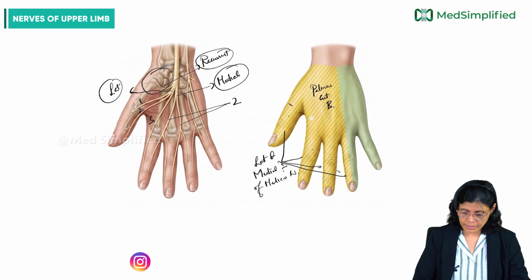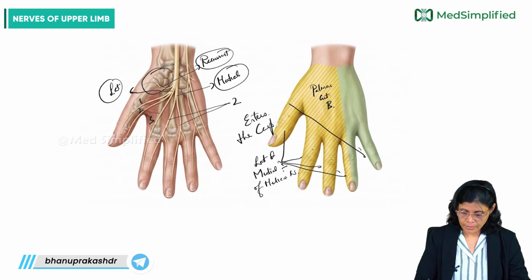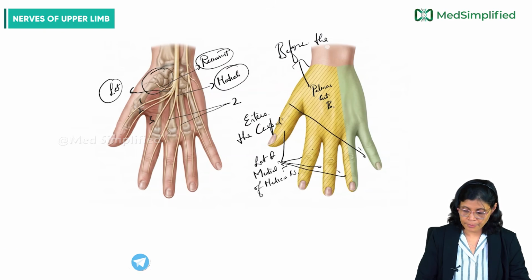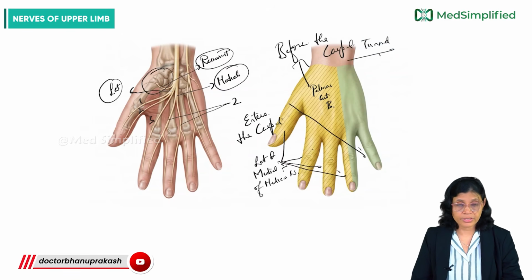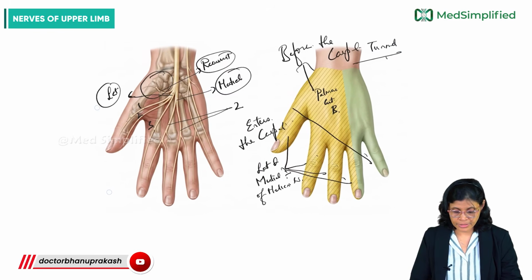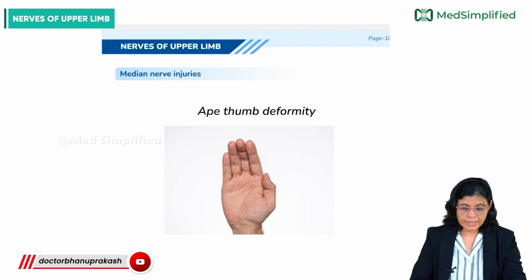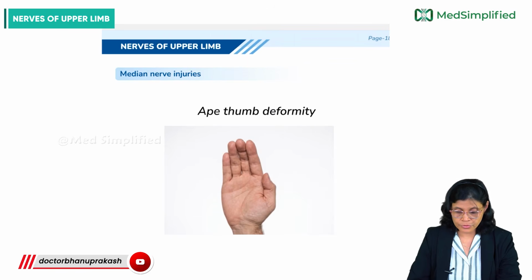This part is after it enters the carpal tunnel, and this is before the carpal tunnel. This is one important thing which you should remember to understand the lesion. If you see the injuries of the median nerve, it is injured at 4 sites.